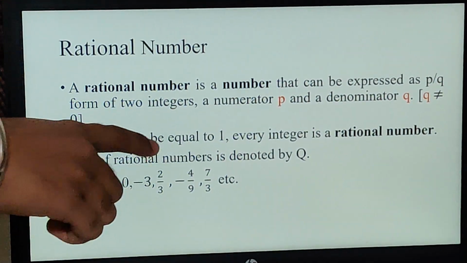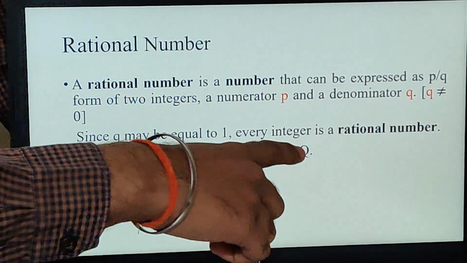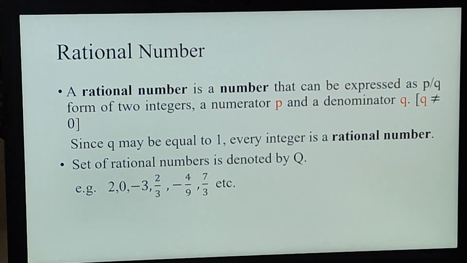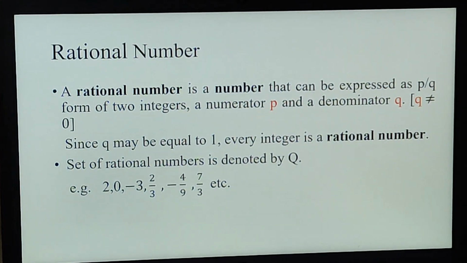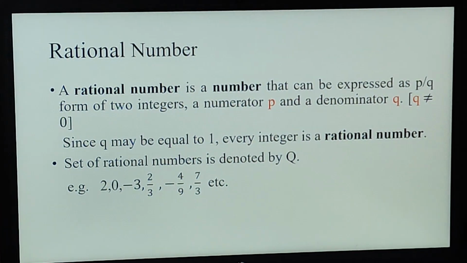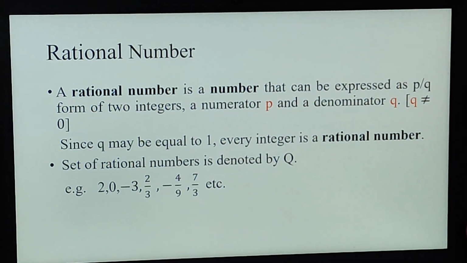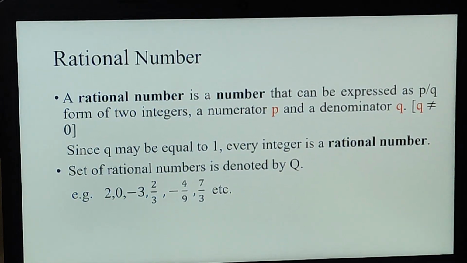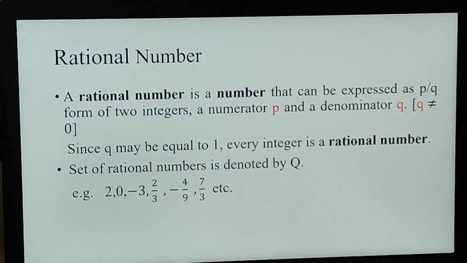Since q may be equal to 1, every integer is a rational number. 0 is also a rational number because in 0 the numerator is 0 and the denominator is 1.